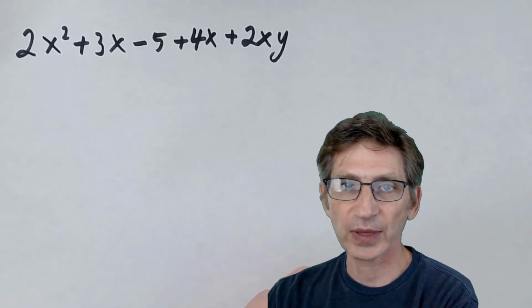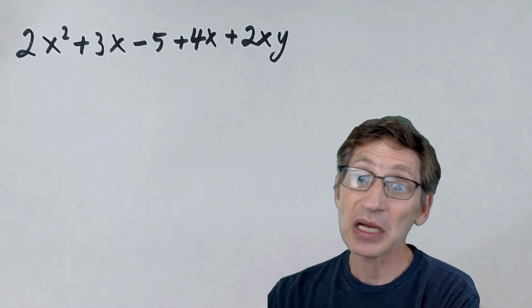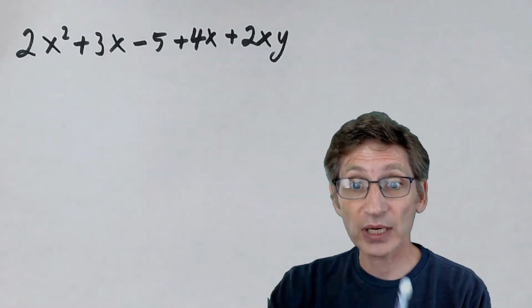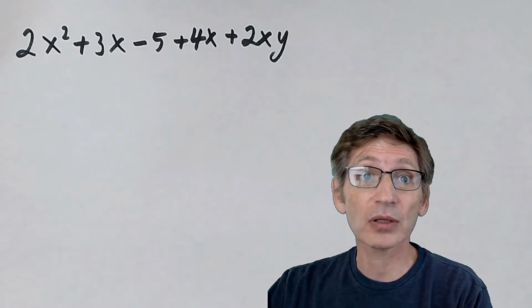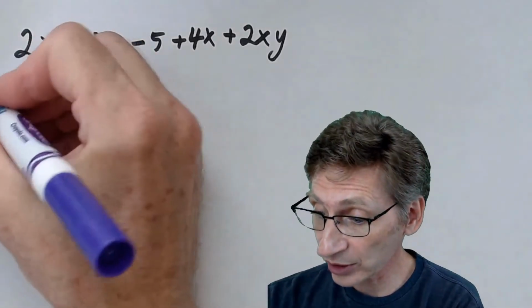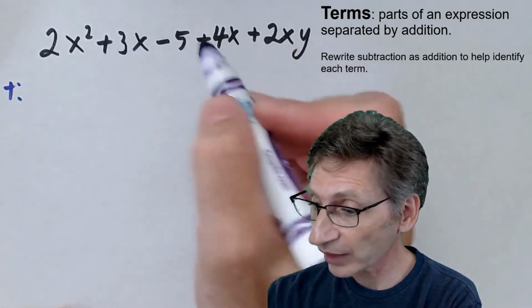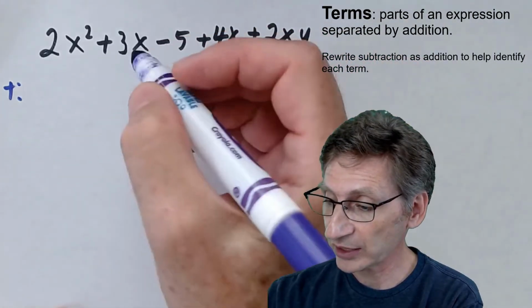Well, it's a lot of stuff up there, but we handle it exactly the same. Let's just start by identifying the terms. When we identify the terms, the rest of the steps become a little simpler.